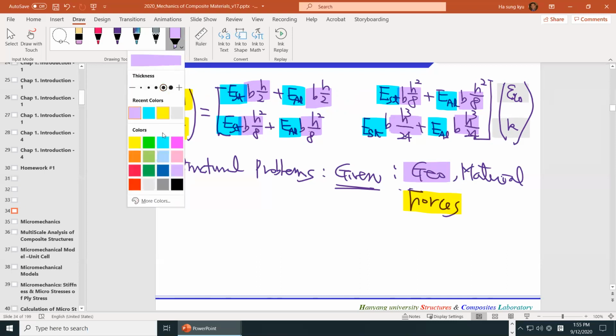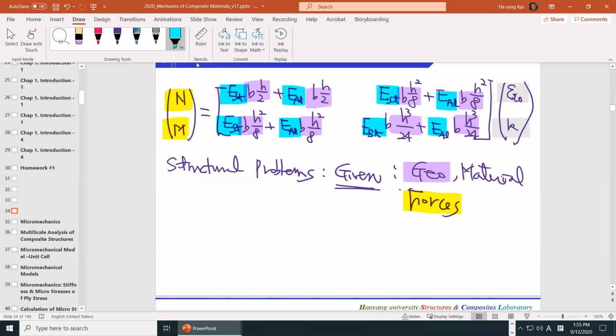What is the last one? The last one is the material property. Young's modulus is the last one. So I would like to emphasize that in any structural problem, we have to have the known or given values, which are geometry or dimensions, material properties, and forces, which are applied to this geometry with this material property.